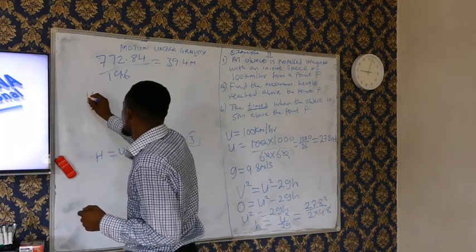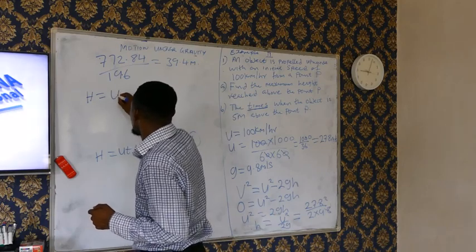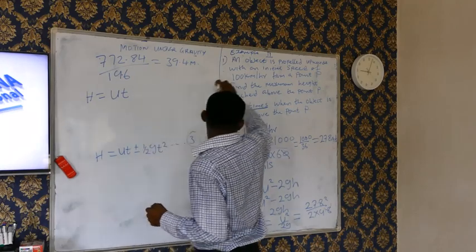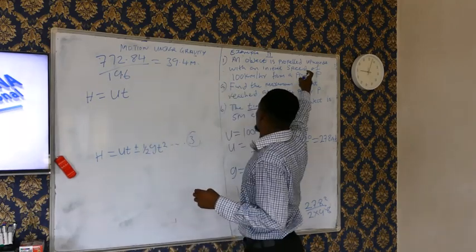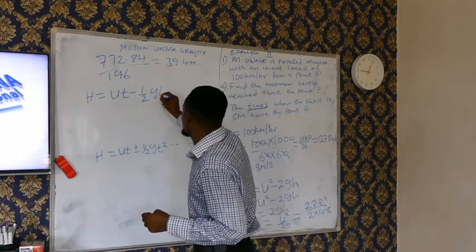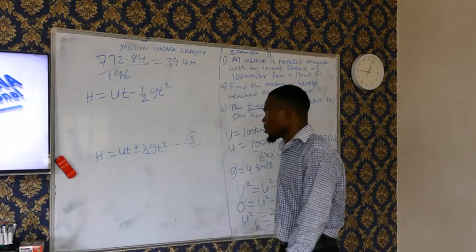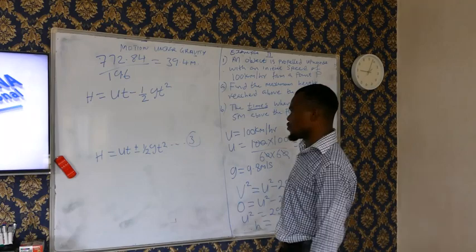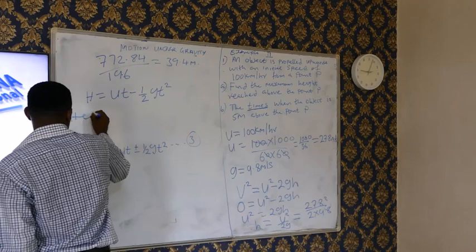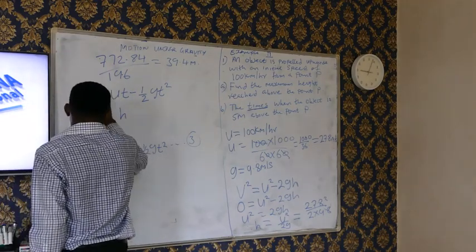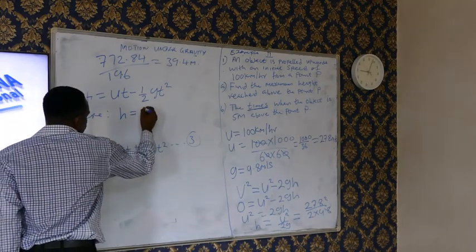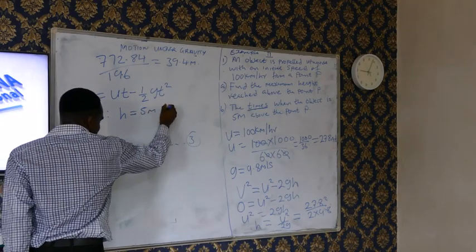that h is equal to ut plus, remember this, it's moving upward, so we are going to use minus half gt squared. Here, h is equal to 5 meters. It is given.